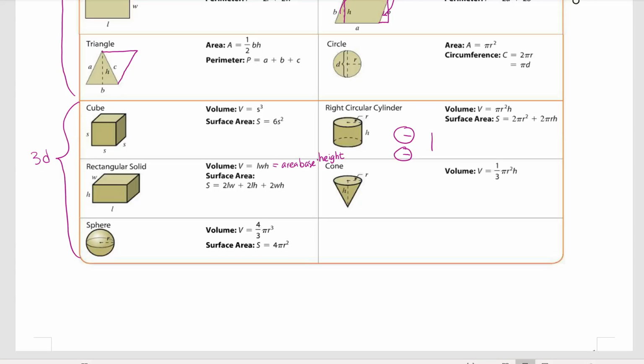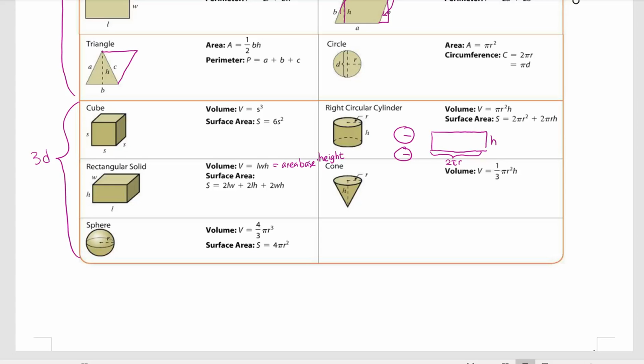And for the side, when we cut it and open it up, this is h, and the length is the circumference of the circle, which is 2 pi r. So the area of the side is 2 pi r h. The surface area is 2 pi r squared plus 2 pi r h.